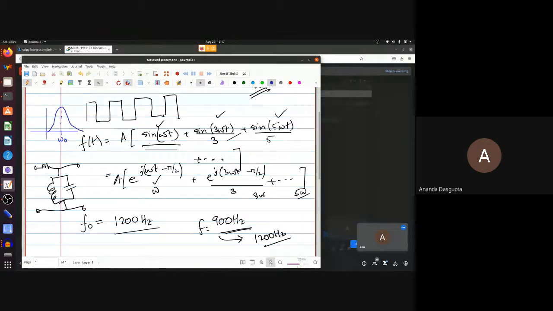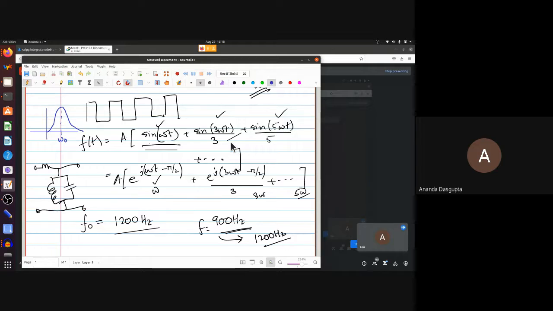Yes? Anybody? It should peak at 1/3 omega 0. Yeah, the point is when you get close to 400 hertz, what is going to happen is that the 3 omega component is actually going to come to resonance again.